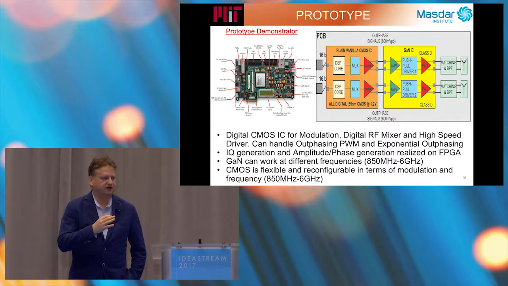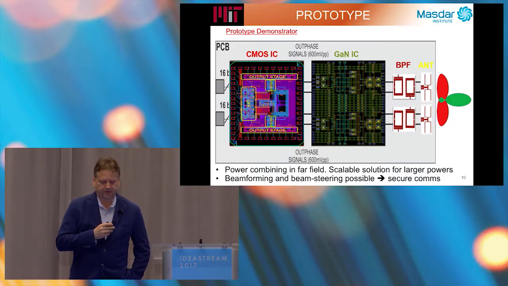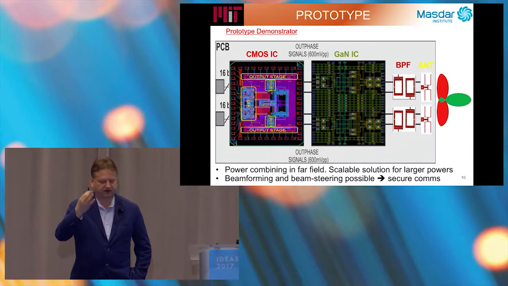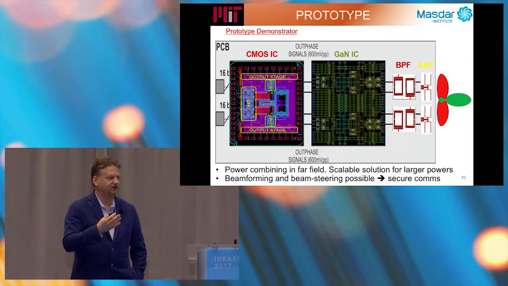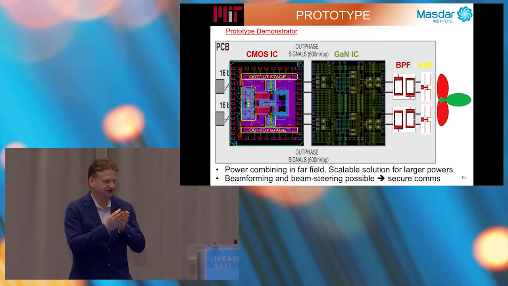The gallium nitride and the CMOS are frequency agnostic. They can work in a large frequency range from 800 megahertz to 6 gigahertz. We want power combining in the far field, and that will provide a scalable solution for larger powers. Beamforming and beam steering will be possible, and by doing that, we can ensure secure communication because the information will be directive.